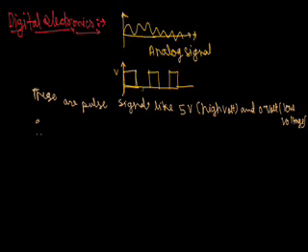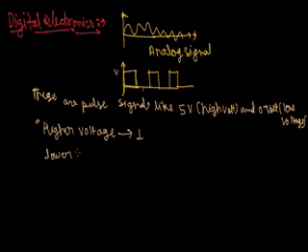So in binary electronics, higher voltage is denoted as 1 and lower voltage is denoted as 0. So these two terms we will use, 1 and 0. These are called binary digits.